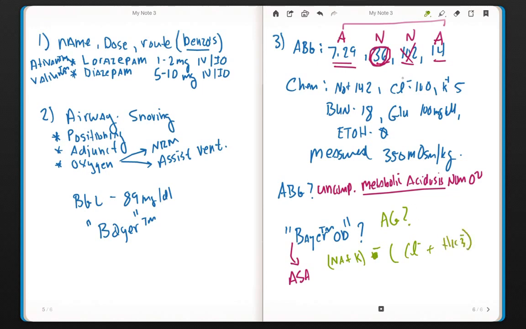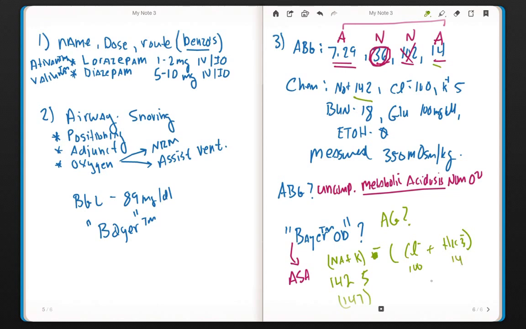So let's go ahead and plug the numbers in. My sodium here is 142, my potassium is 5. So that's 147 total. My chloride is 100. My bicarbonate is, go back up here, 14.